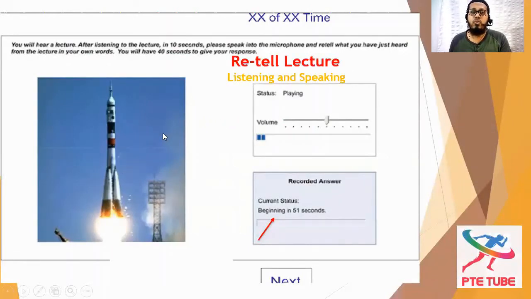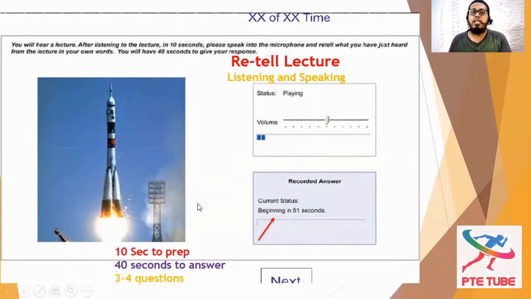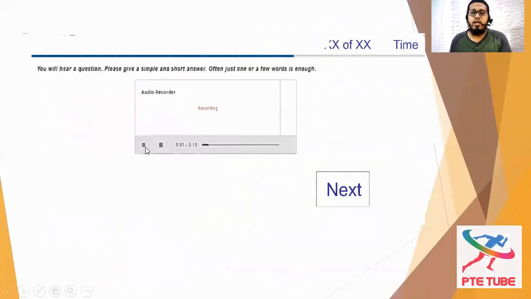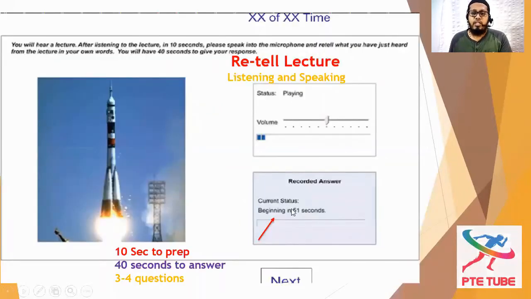You will have to be ready, because right from this moment you will need to have a pen with you, because audio will be played and you will have to make a note of it, and you will have to repeat. It is a retell lecture. A lecture will be played, you will have to hear and make notes, and then retell whatever you hear in a proper form. This thing, 51 seconds, it will be in descending order again.